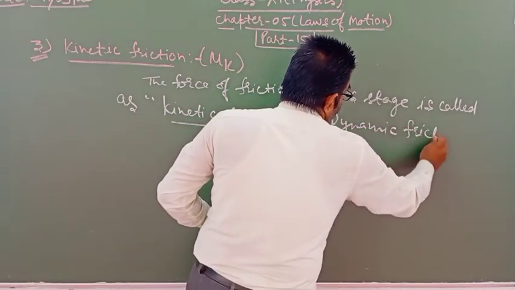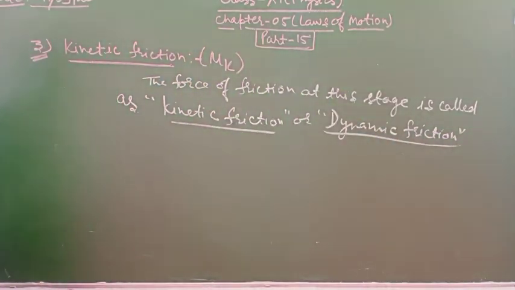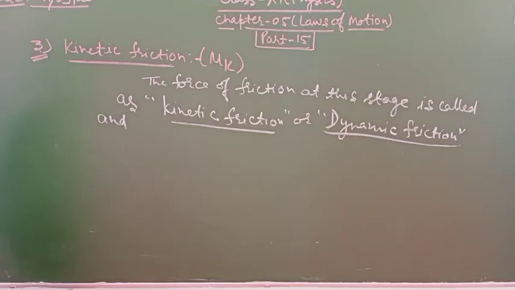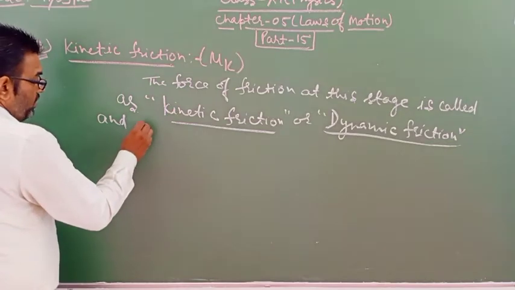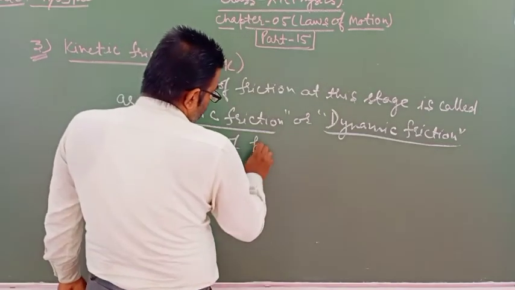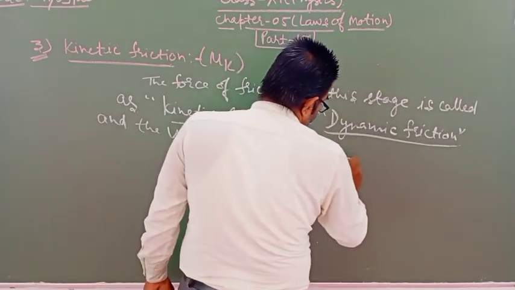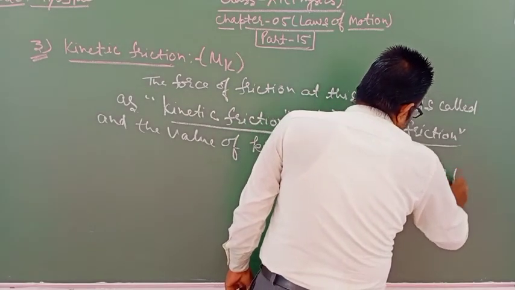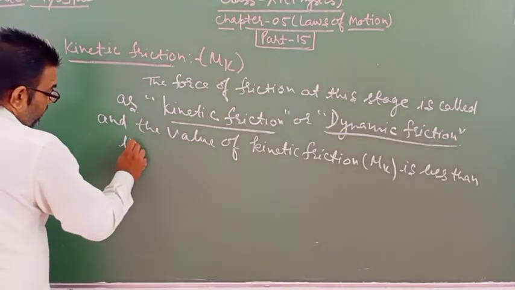The force of friction at this stage is called kinetic friction or dynamic friction. And as we explained before, the value of kinetic friction is less than the value of limiting friction.